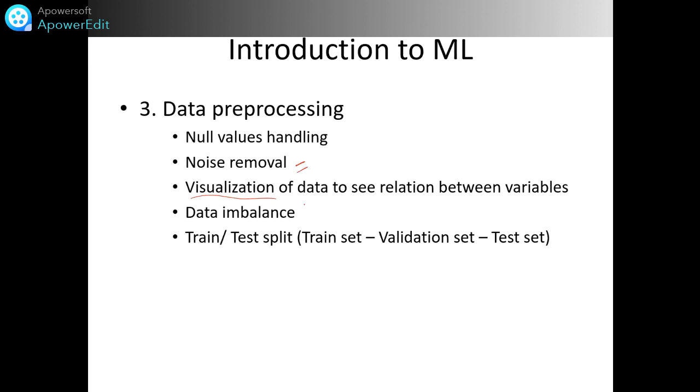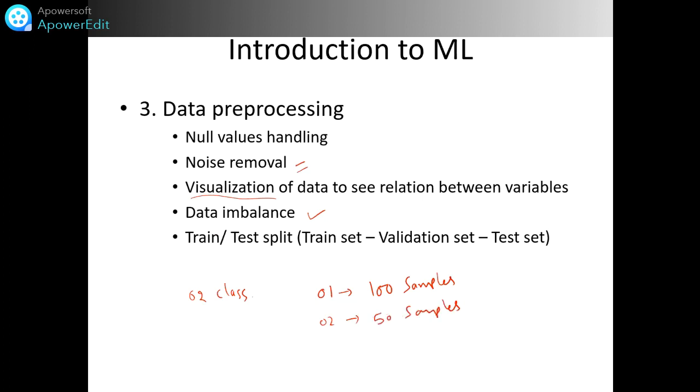The other problem that we have to handle in data pre-processing is data imbalance. Say you are doing a classification task, and just take the example of 2-class classification. Say in one class you have 100 samples belonging to class 1, and in class 2 you have just 50 samples.